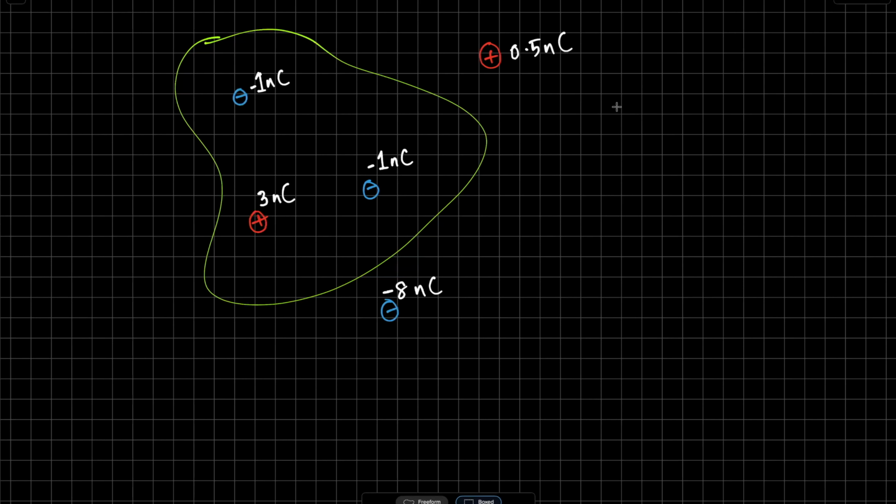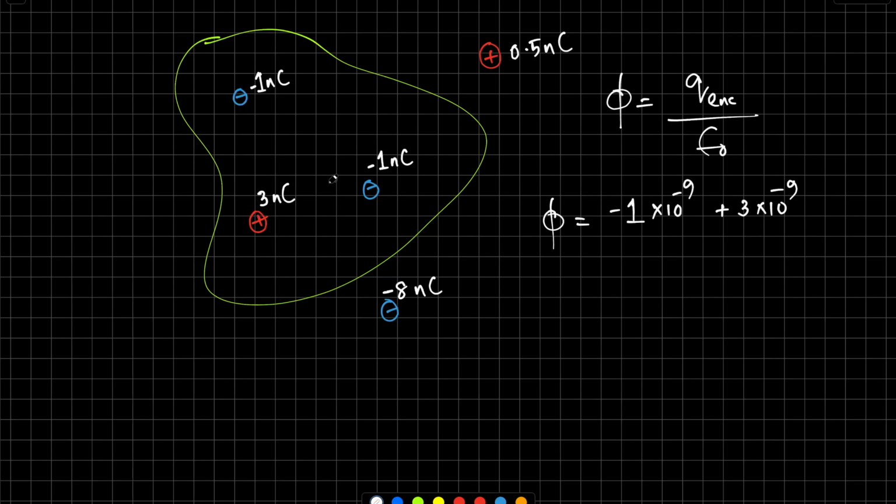The equation for Gauss's law is phi equals Q enclosed over epsilon 0, total Q enclosed. So we have three charges here. Phi equals first charge minus 1 nanocoulomb, nano is 10 to the minus 9, plus 3 nanocoulomb, 3 times 10 to the minus 9, plus the third charge, which is minus 1 nanocoulomb, 1 times 10 to the minus 9, over epsilon 0, which is the permittivity of free space, 8.85 times 10 to the minus 12 farad per meter.